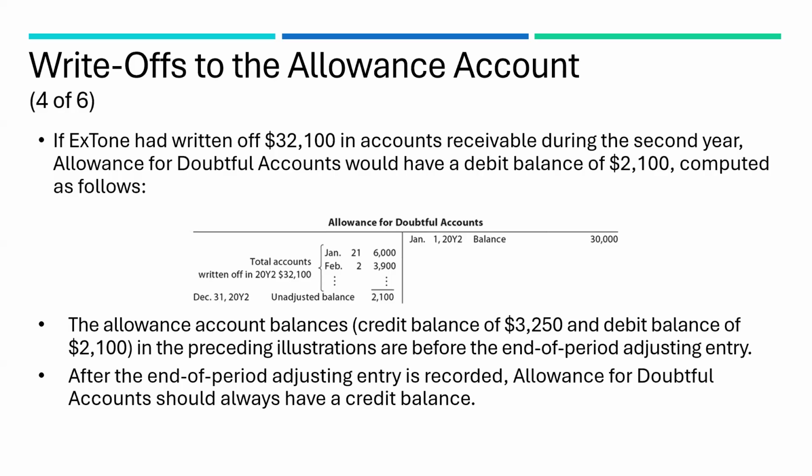So in this case, if next year we estimate again that the end of the year balance should be 30,000, we're going to have to debit bad debt expense for $32,100 to bring it to 30,000. Because that's the credit to the allowance for doubtful accounts that would be needed to adjust the estimate. So the bad debt expense for this current year would be 32,100, because that's what was needed to bring our accounts receivable valuation to what we need it to be.